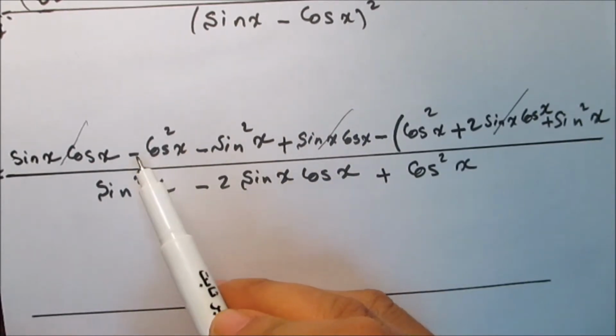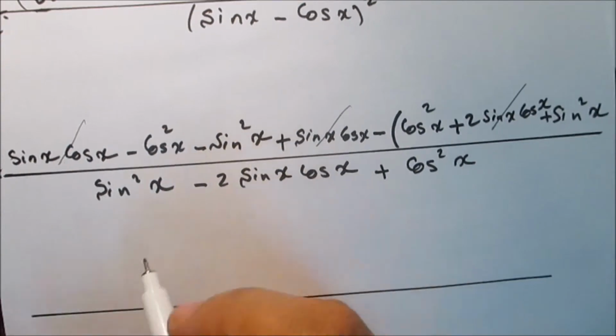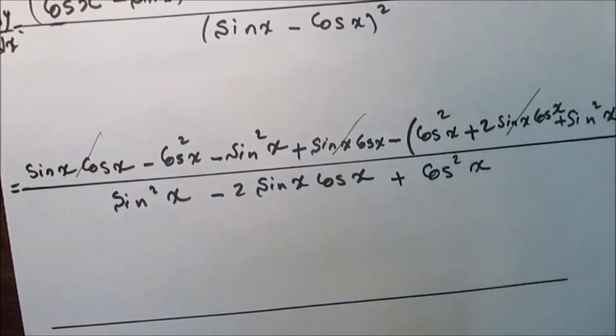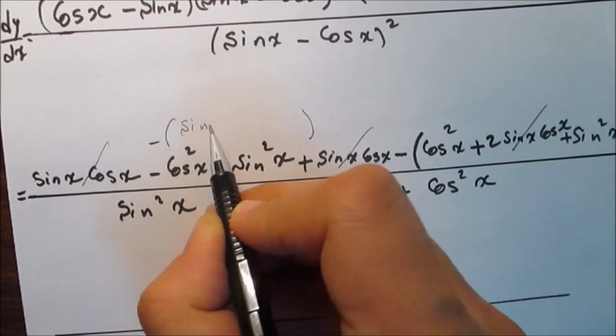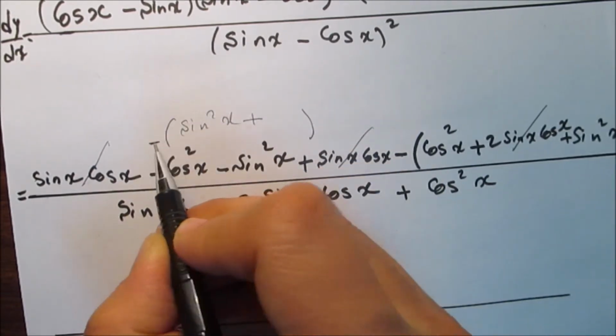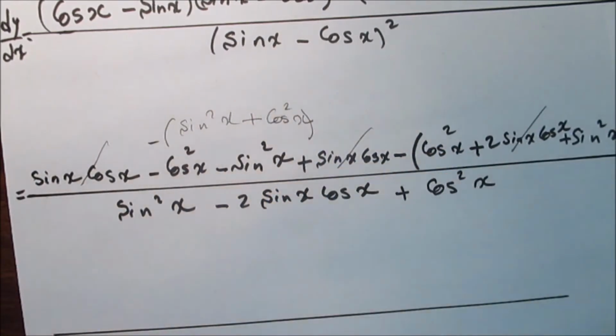Also here we have negative cosine squared x and minus sine squared x, so we can take out the negative sign as a common factor, so here we have negative outside of (sine squared x plus cosine squared x).